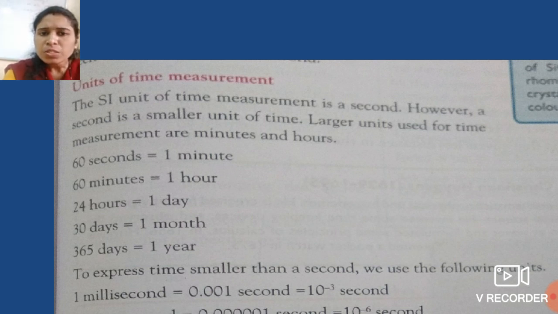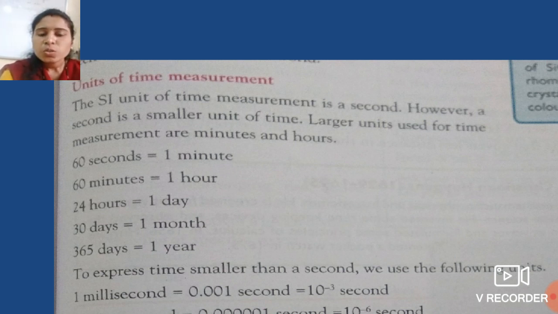In 1 minute there are 60 seconds, in 1 hour 60 minutes, in 1 day 24 hours, in 1 month 30 days, the exception being February, and in 1 year 365 days.